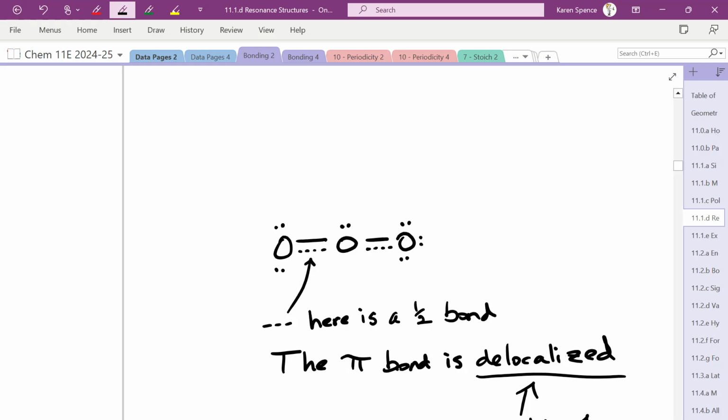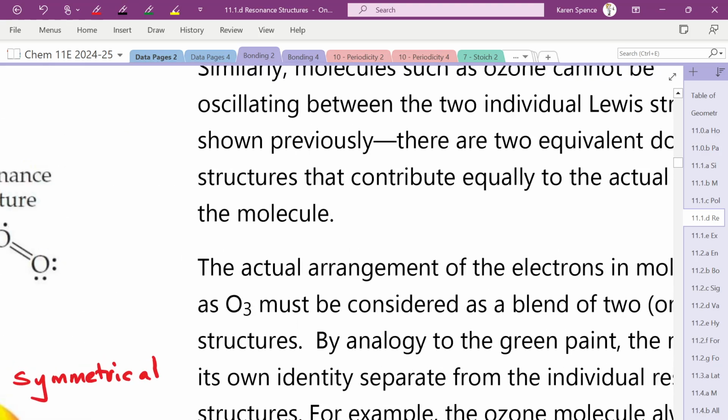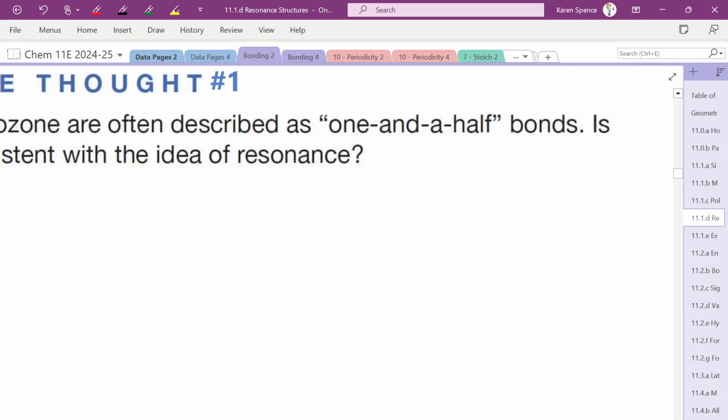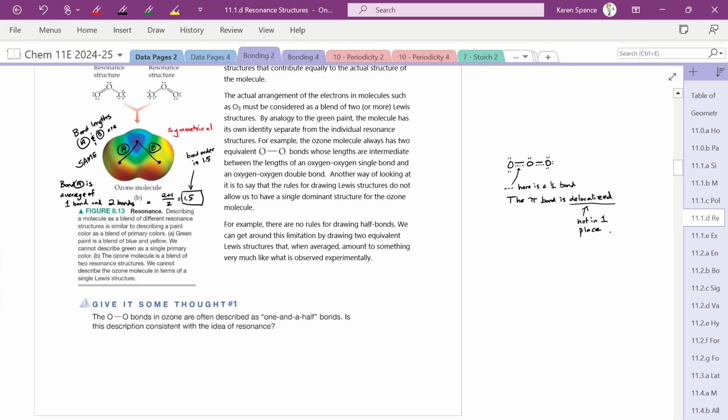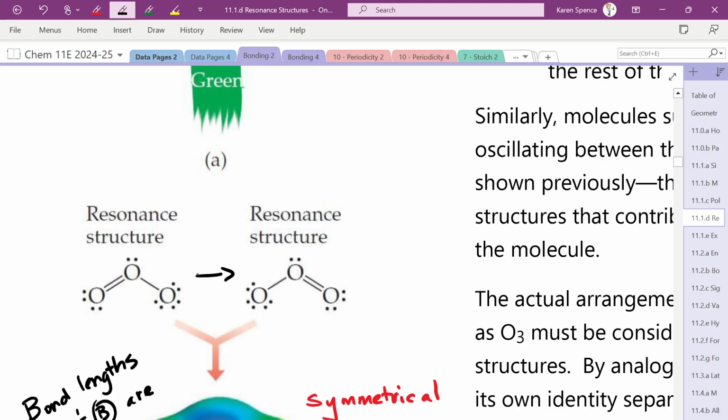You can't. That's why, as a chemist, you draw it like this. And as a chemist, you know that that means that it's a blend of the 2.